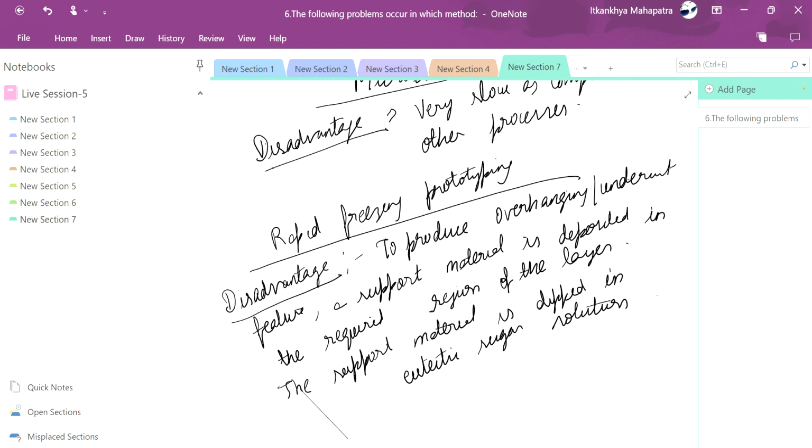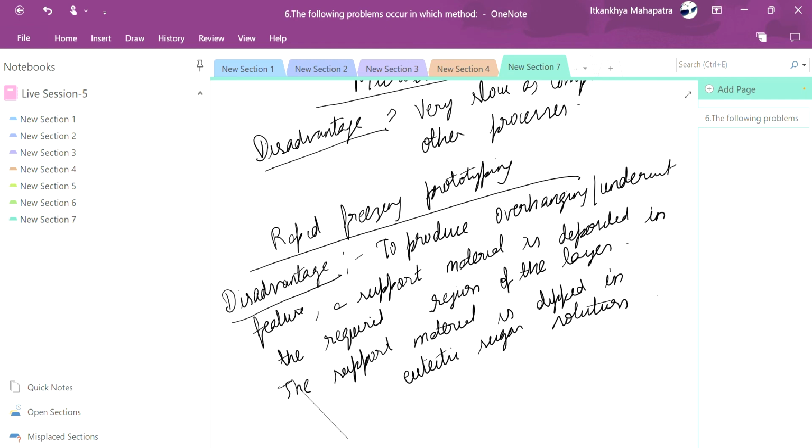So here a two material extrusion method is followed. That is, there is a continuous nozzle and there is a drop on demand nozzle. The drop on demand nozzle provides the feeding pipe, and the continuous nozzle provides the continuous layer by layer deposition.